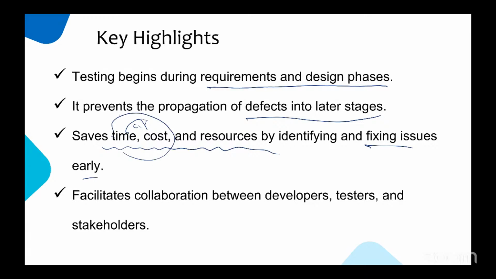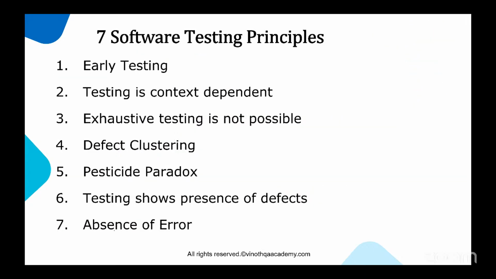And facilitating collaboration is an additional point, because not every project discusses things well with stakeholders, but when you follow a V model, early testing will come, and we can achieve these key highlights. So this is the first testing principle, very simple, which we already discussed.